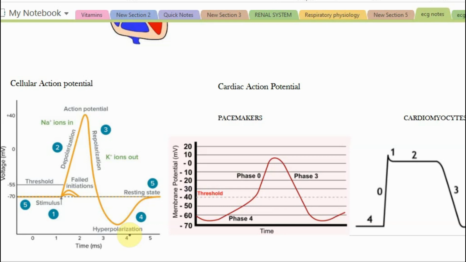And this hyperpolarization is compensated by the activity of pumps. The pumps use ATP as a source of energy, and this brings the membrane potential back to its resting state, where the pump uses ATP to pump 3 sodium out and 2 potassium into the cell, and this restores the resting state.